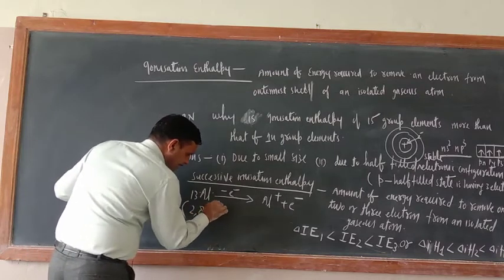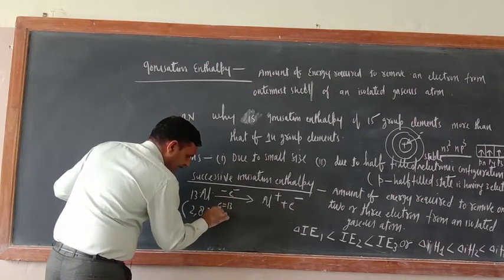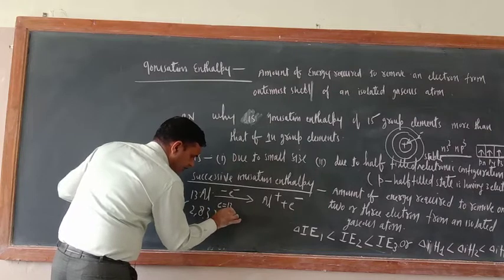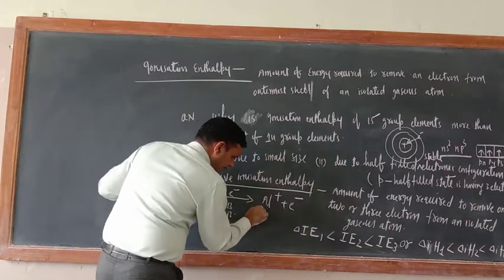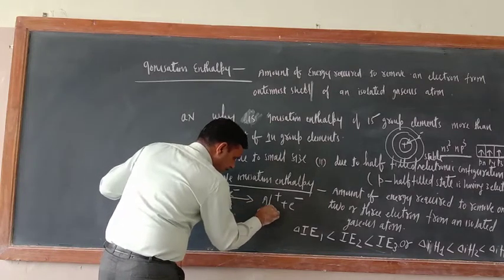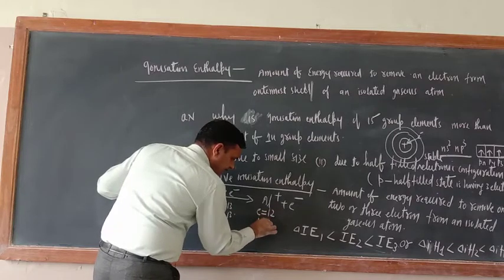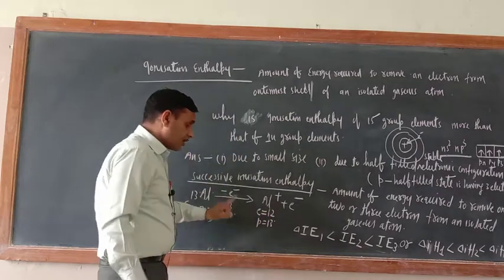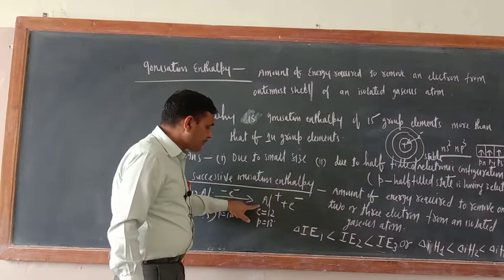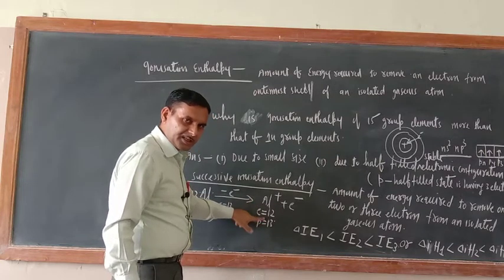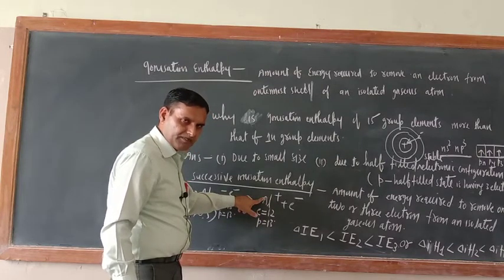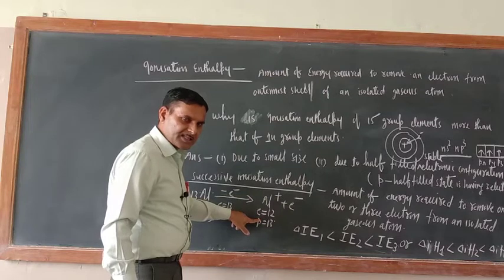Here the number of electrons is 13 and the number of protons is also 13. But here the electrons are 12 now and protons are still 13. So the effective nuclear charge per electron is increasing in the aluminium single positive ion. It means nuclear charge is increasing.